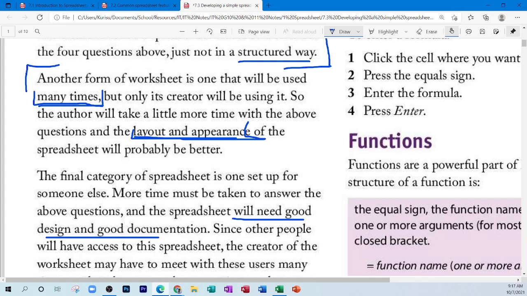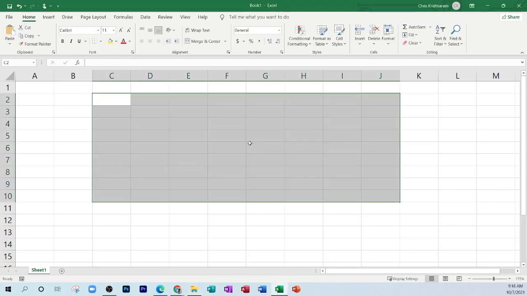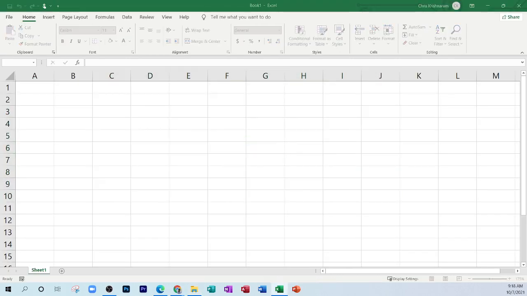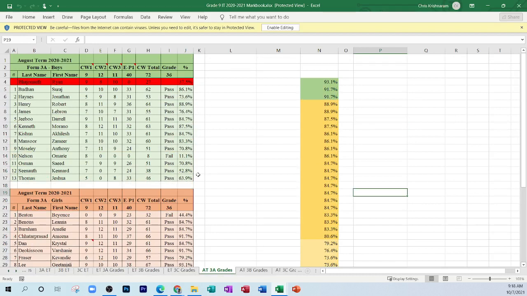For example, like myself, I use a spreadsheet so that I can record grades. So, for example, let me see, when you guys were in third form, I was keeping a mark book looking like this here.